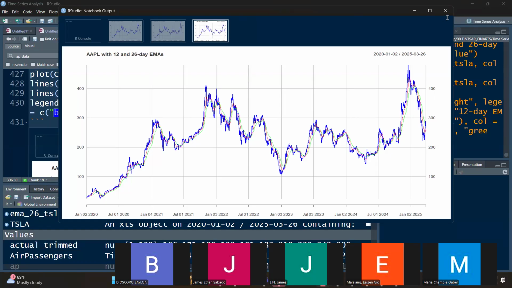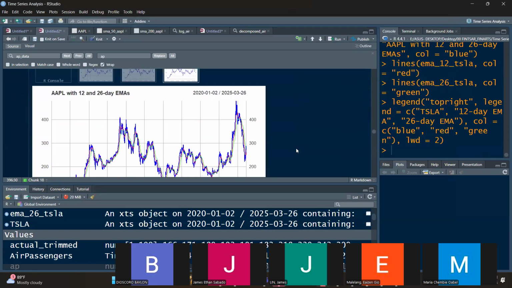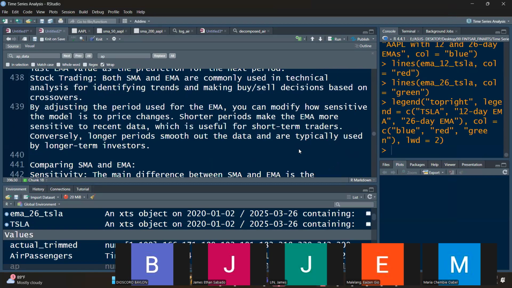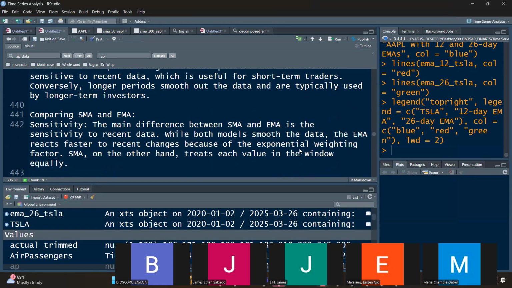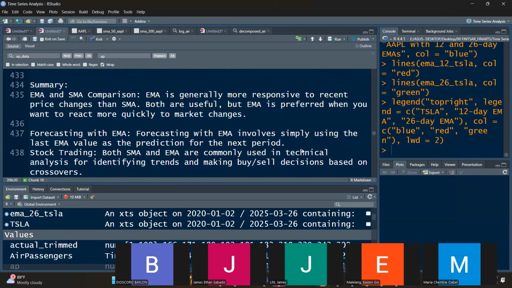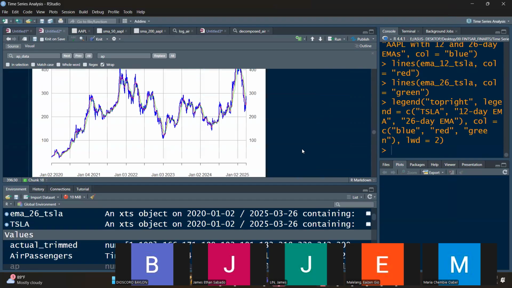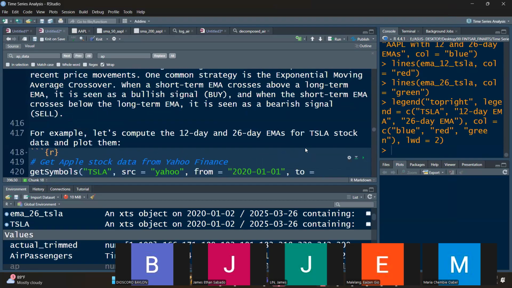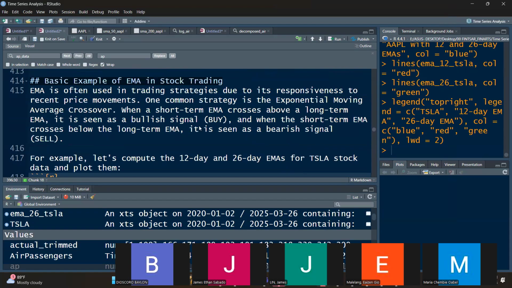Where the EMA 12 crosses over your 26, what happens? It's a signal. If your EMA 12 crosses over, so goes above your EMA 26, what does that mean?